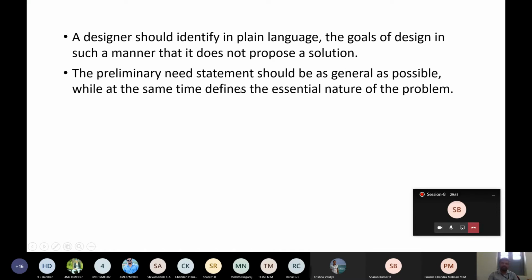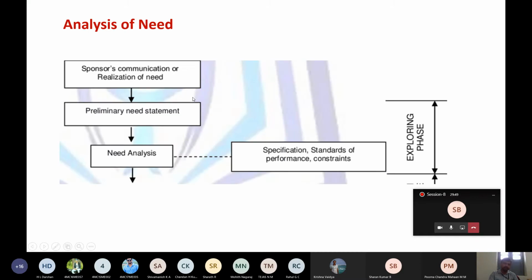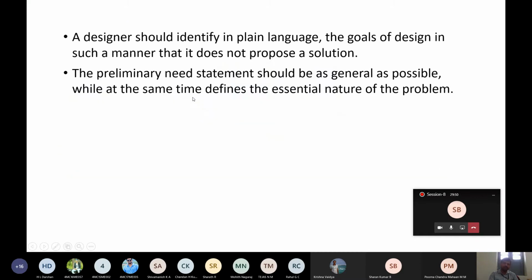So the preliminary need statement should be as general as possible, while at the same time defining the essential nature of the problem. That means it is all about understanding the essential nature of the problem. So we discussed how a designer can try to understand the essential nature of the problem with the help of the Eskimo nine dot problem.